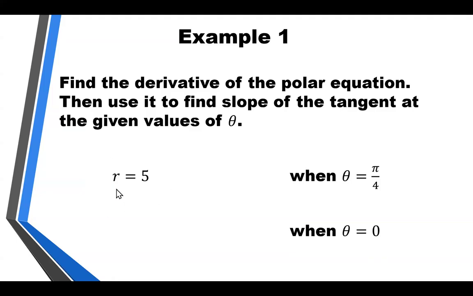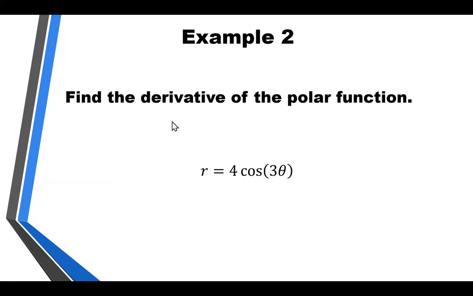Obviously, not every equation in polar form is going to be quite as simple as r equals 5, but we can still deal with more complex equations. Let's do this. We have r equals 4 times cosine of 3 theta.